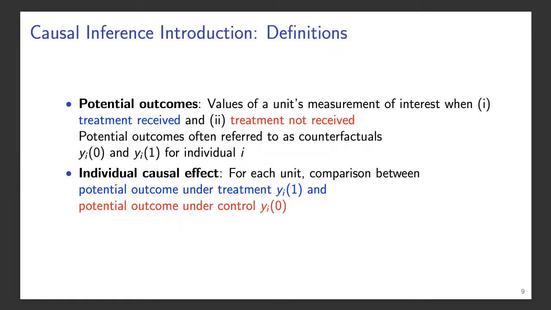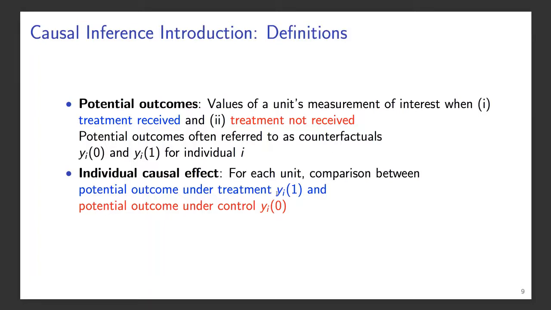So at the individual level, we'll say that treatment has an effect on Y if Y1 and Y0 are different. And otherwise, if Y1 and Y0 are the same, then treatment has no effect on the outcome for that individual. Okay. So for example, suppose I have a headache right now, treatment is aspirin, and our outcome is whether or not I have a headache in an hour.